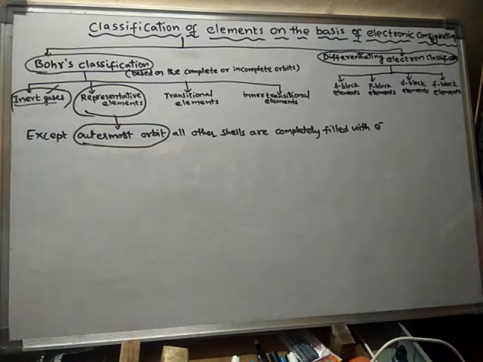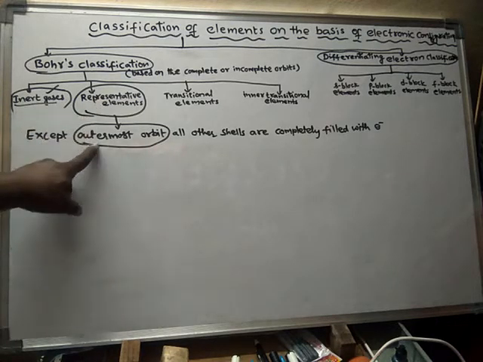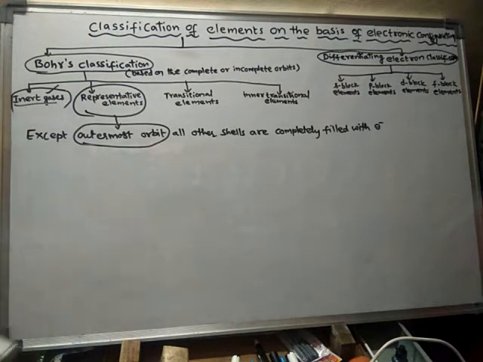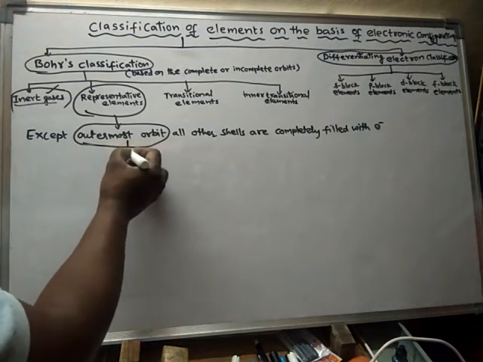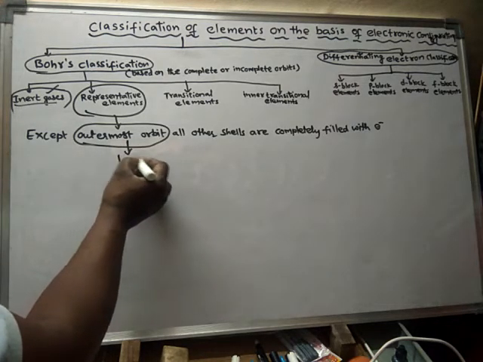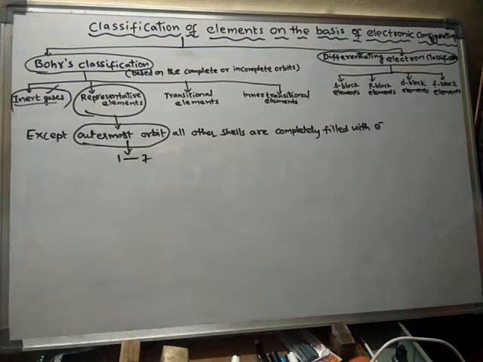So in their outermost shell, how many electrons do they contain? What is the maximum capacity of the outermost shell? We discussed. The maximum capacity of the outermost shell should be 8. But in representative elements, the number of electrons in the outermost shell will be maybe 1 to 7, but not 8.